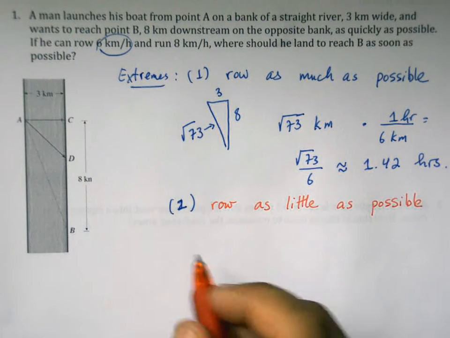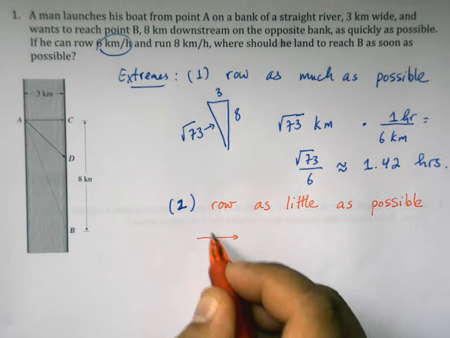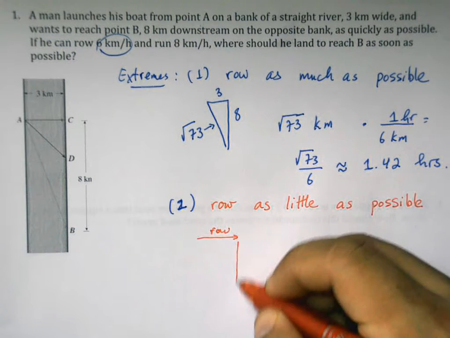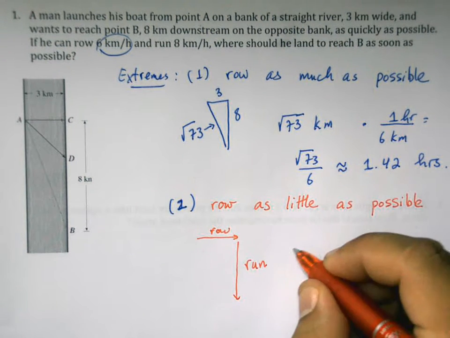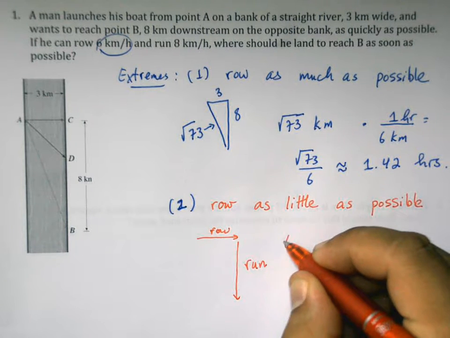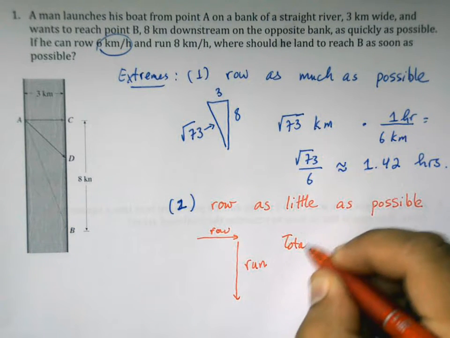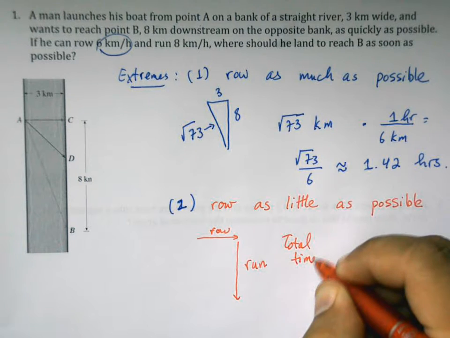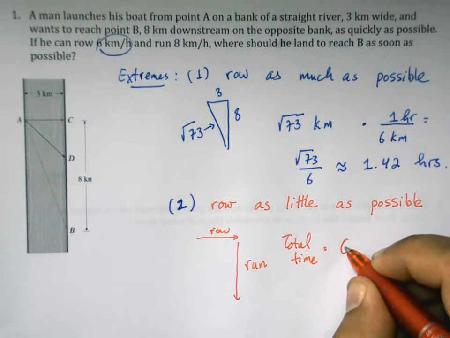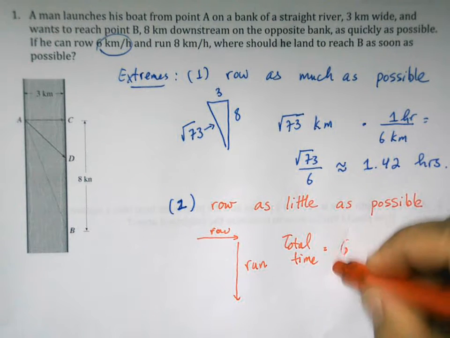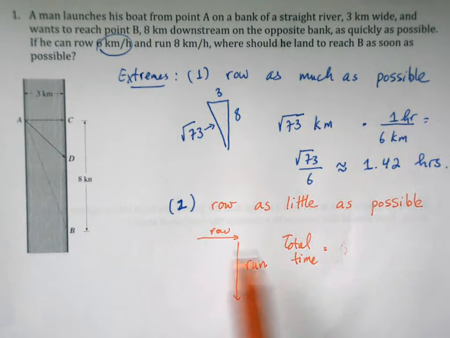So he's going to go directly from A to C. He's going to row this distance, and then he's going to run this distance. Okay. So the total time that it takes him is going to be, well, he is going to row a distance of 3 kilometers from one side of the river to the other.